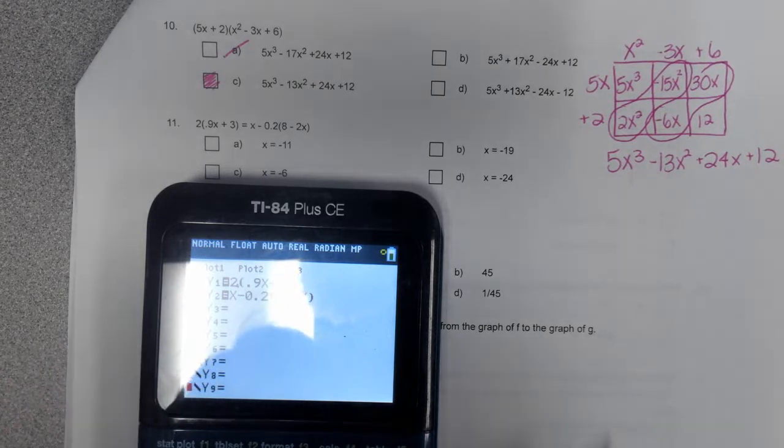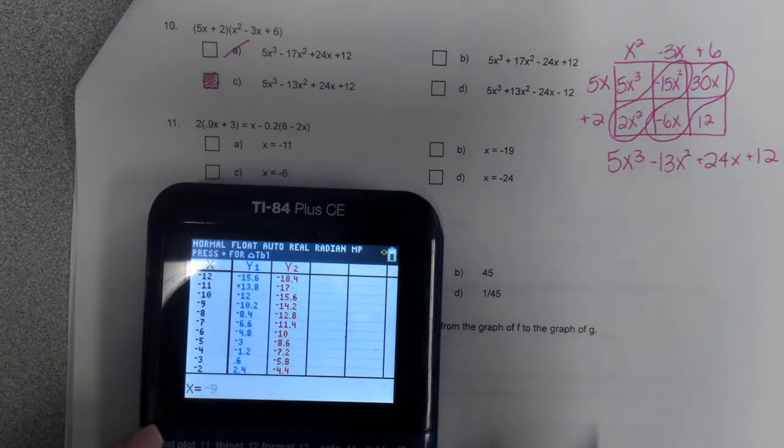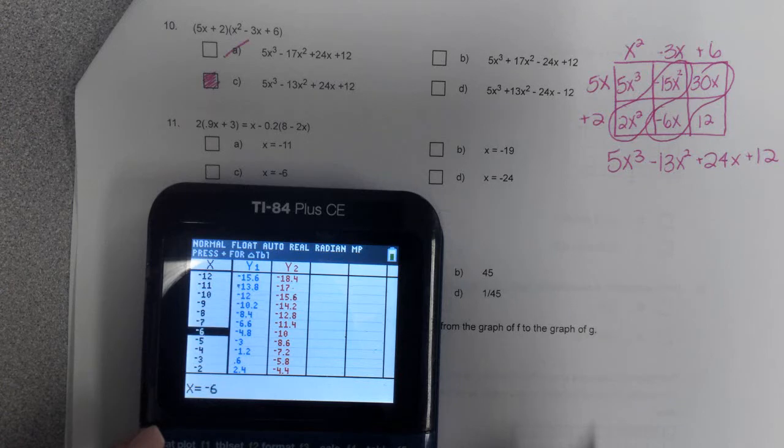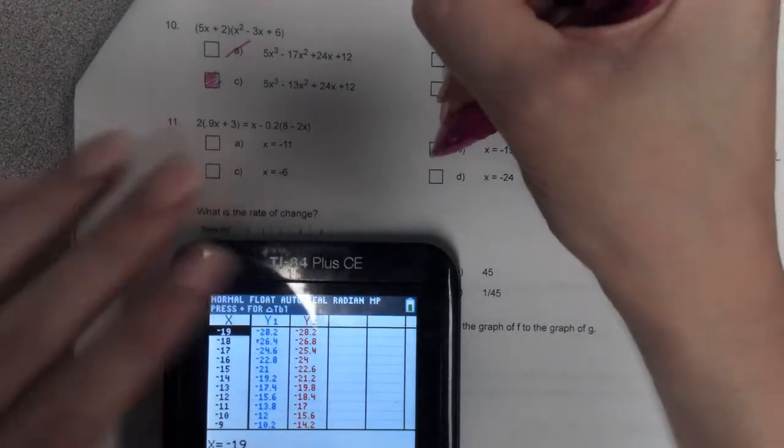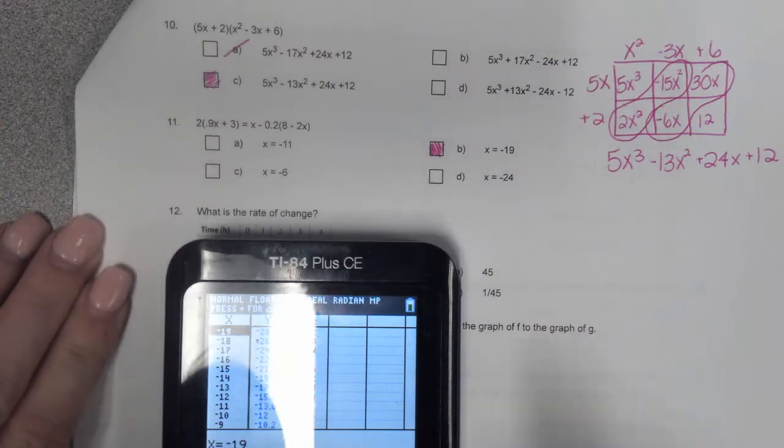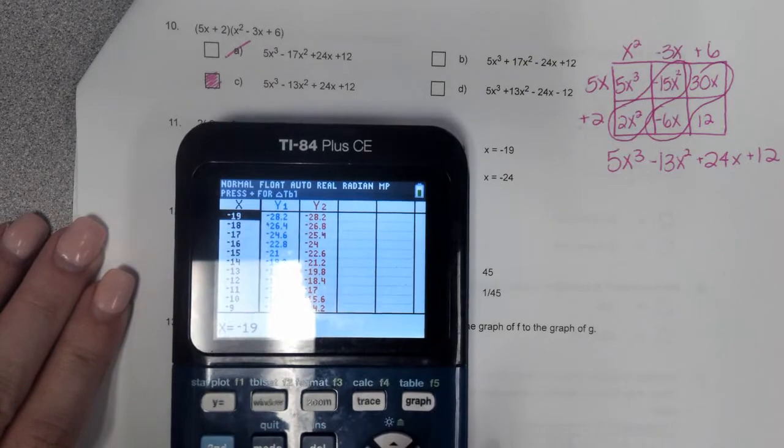And let's see, where are they the same? Right here at negative 19. They both equal negative 28.2.